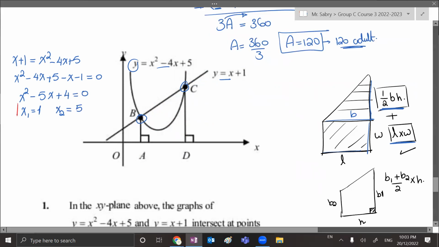هيوز الx's دول الاتنين اللي أنا جبتهم و substitute into the other equation اللي هنا عشان أجيب بيهم ال y values. I substituted أهو هنا 1 وهنا no, not 5, أنا آسف, it's 4.